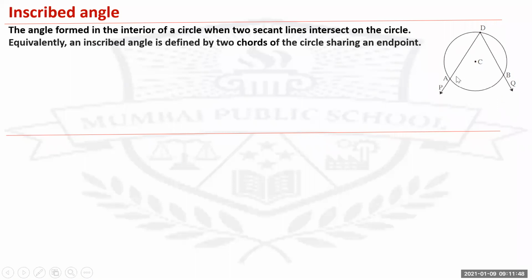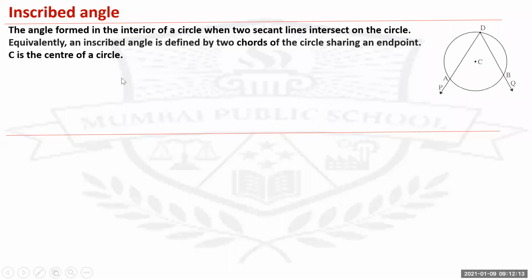Check the figure here. If you consider PD and DQ as the secants, D is the point of contact, so the angle formed here, PDQ, is the inscribed angle. Or if you consider chord AD and chord BD, D is the point of contact.